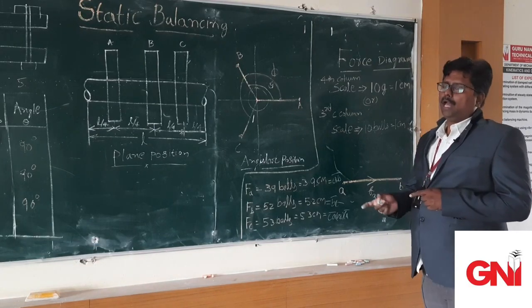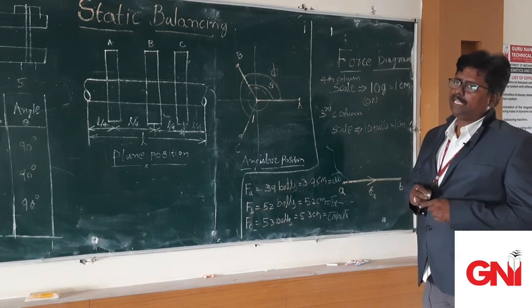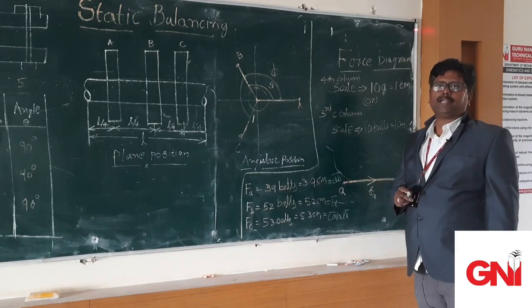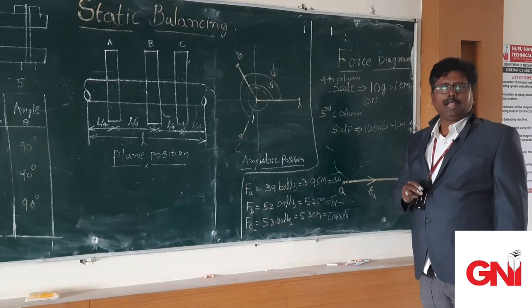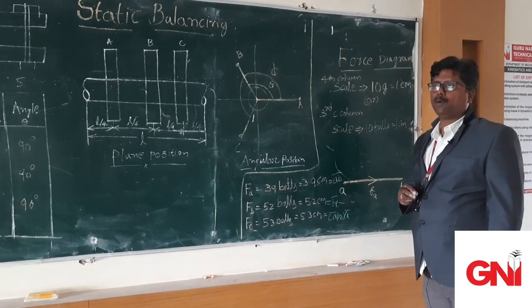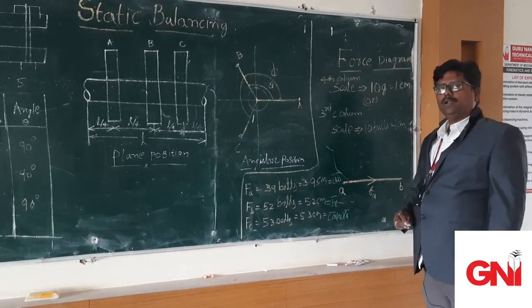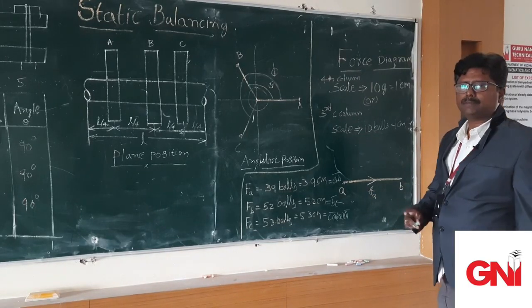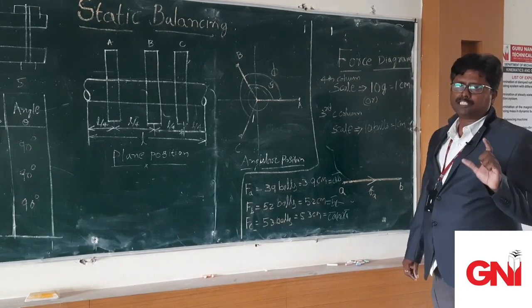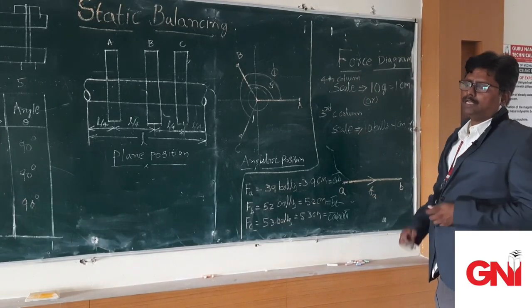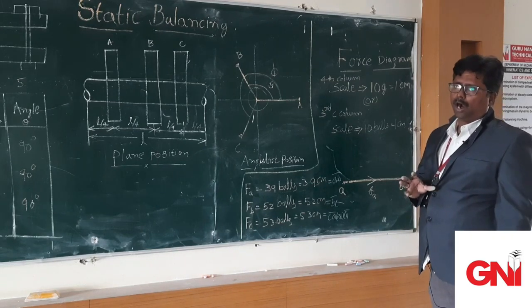It means that the end of the third vector coincides with the starting point of the first vector. So I know the third vector ends at A, and the second vector starts at B. What is the concept we know here? According to polygons, it's a closed loop.